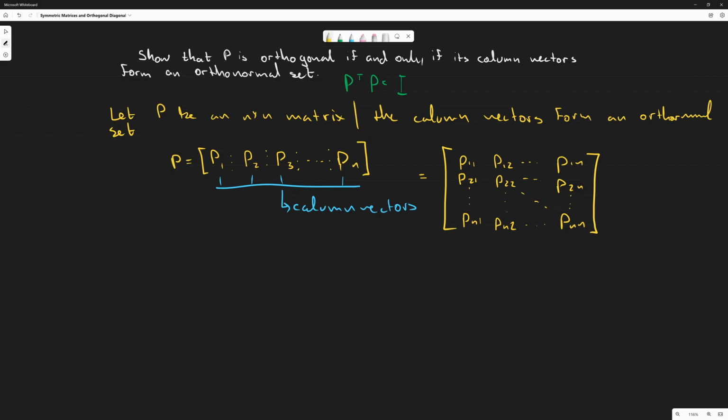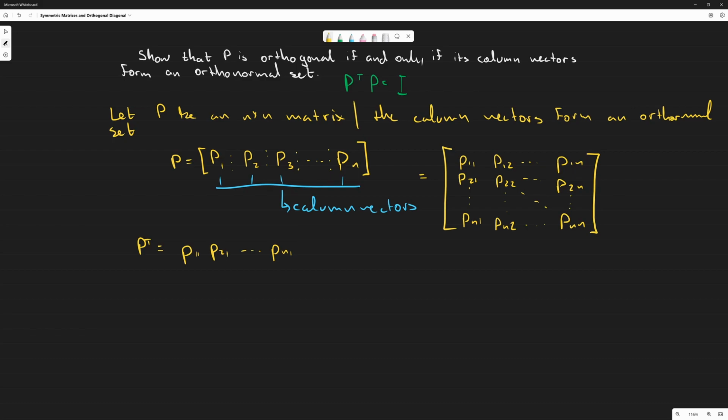And so if we calculate its transpose, if you recall, the transpose is just switching places between the rows and columns. So the main diagonal will stay the same. Everything else will be P21, going to Pn1.